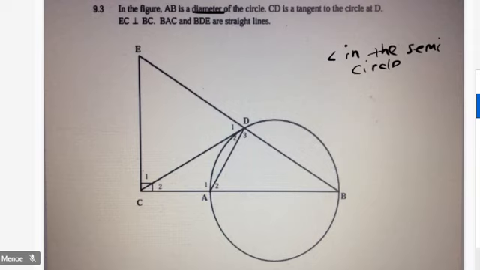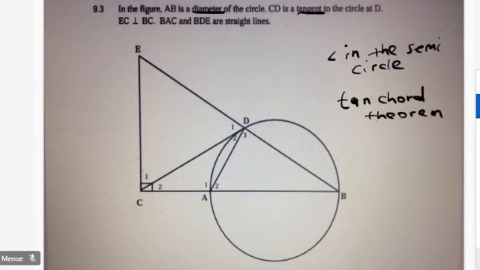CD is a tangent to circle AD. What do you know about the tangent? You know the tan-chord theorem. What else do you know about the tangent?